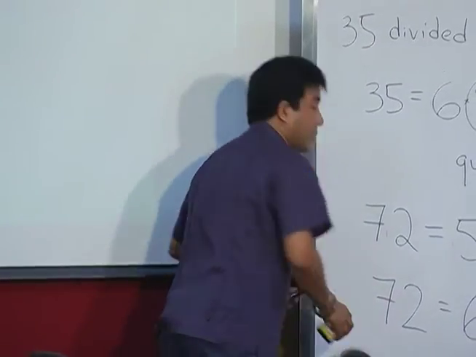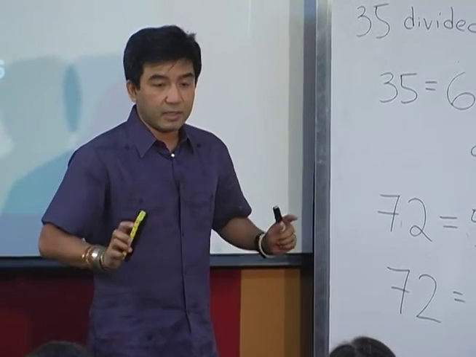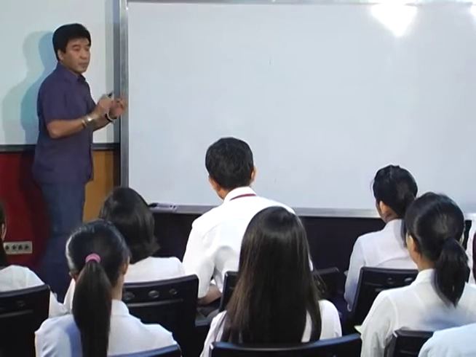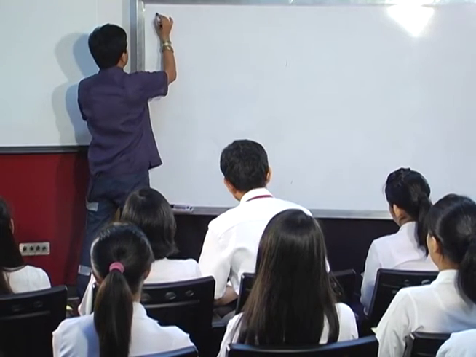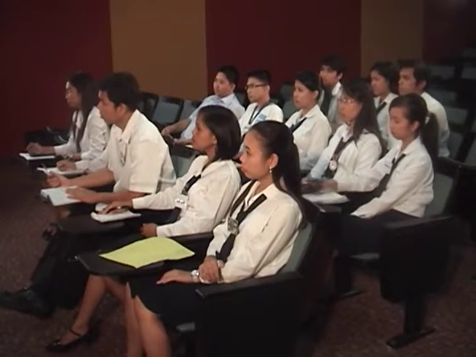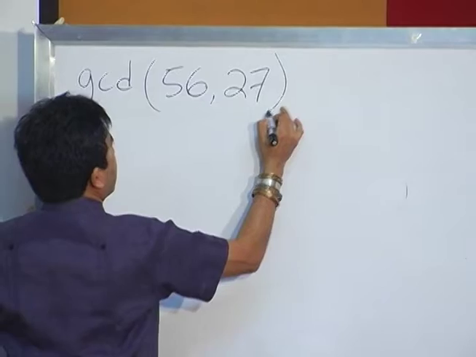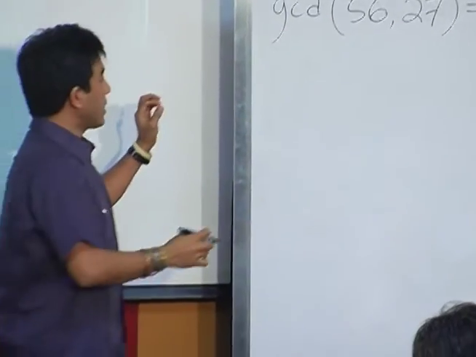I shall now discuss how we can efficiently compute the GCD of any two numbers. Let us compute the GCD of 56 and 27 without getting all the factors. This is how we do it.